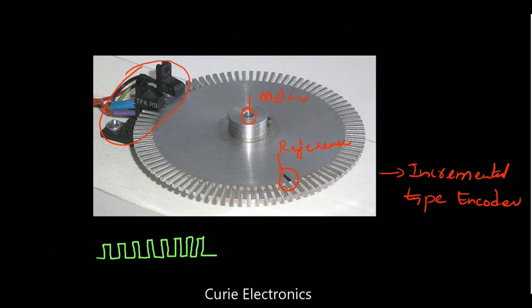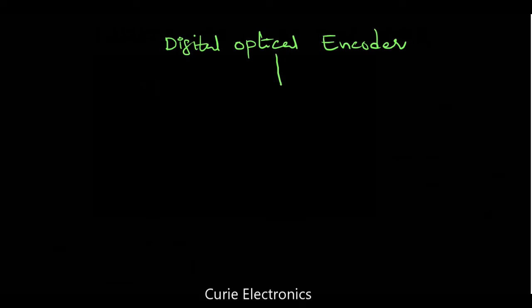Now, simply I'll tell you what are the types of digital encoders. How do we classify them? See, these are actually digital type, not analog type. That we already know.